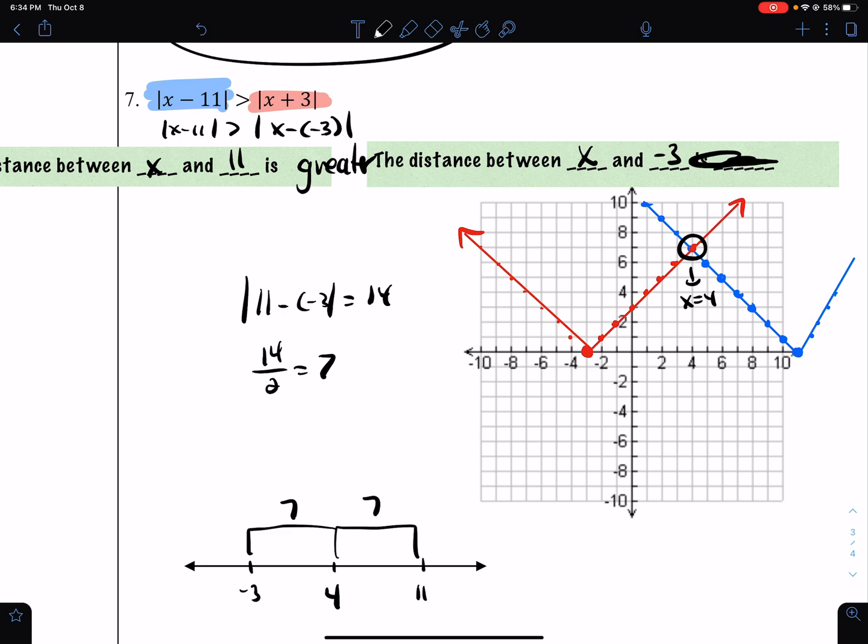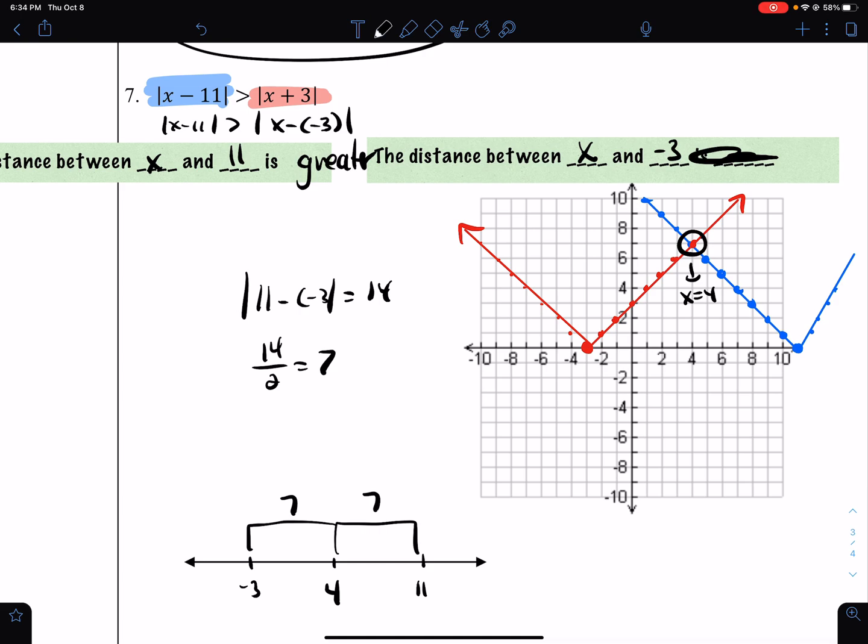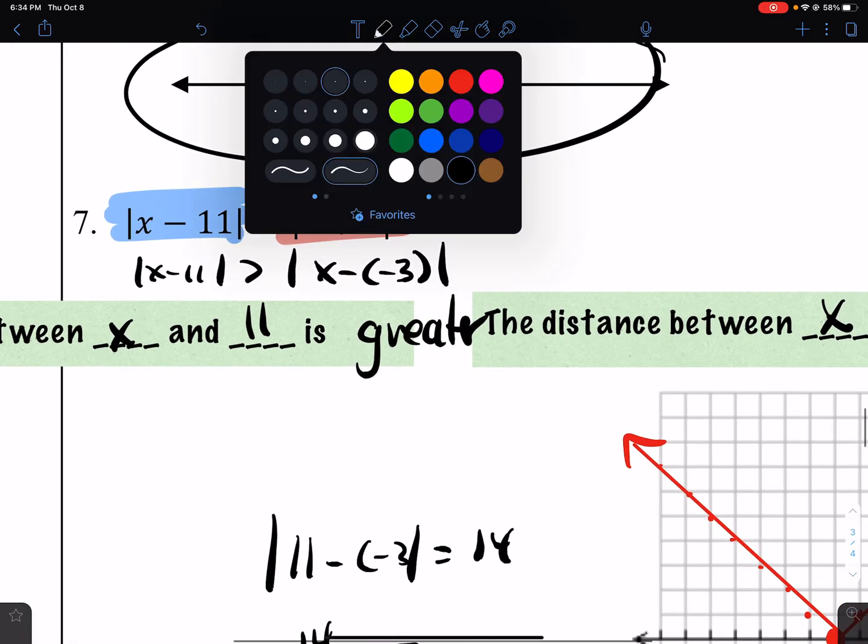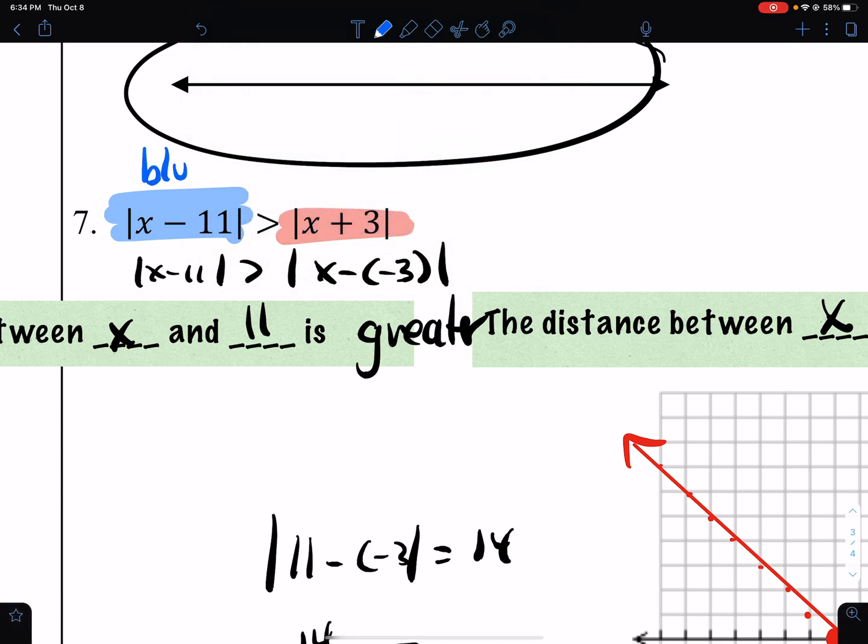I want the distance from the number to 11 to be greater than the distance between the number and -3. Again, on the number line, that's a little bit confusing. So what we should ask ourselves is, when is this blue output, this blue graph, above, because it's bigger? Outputs that are bigger are above this red graph.